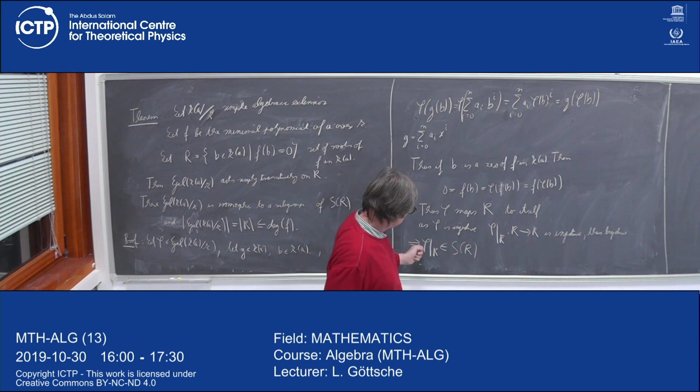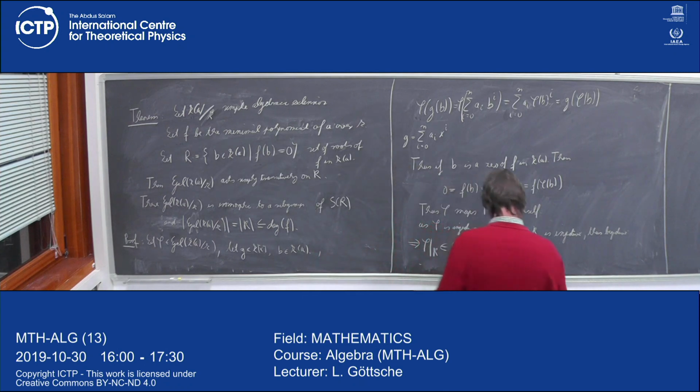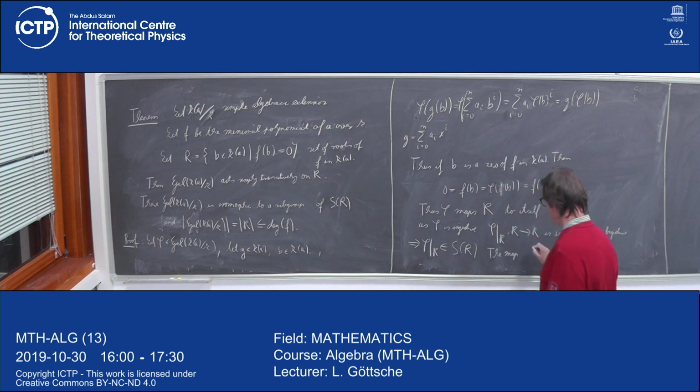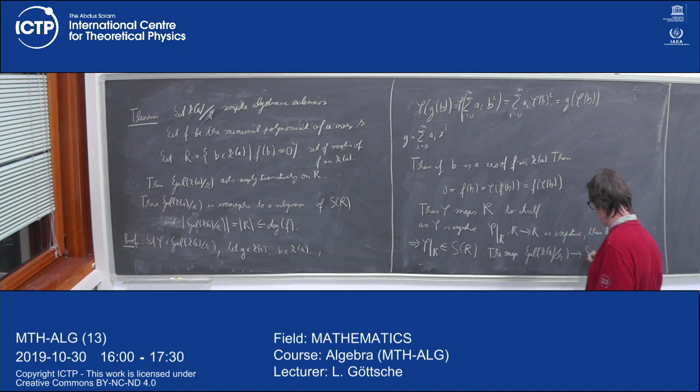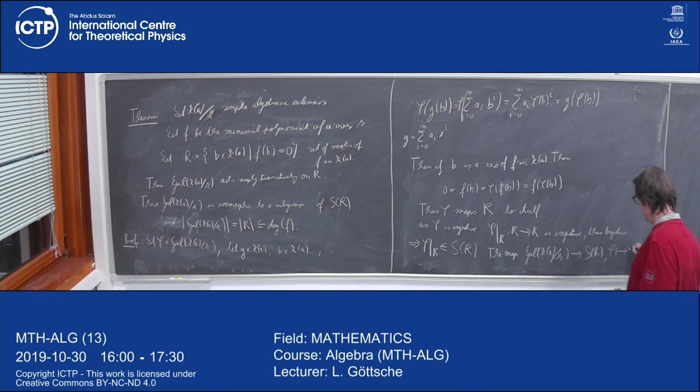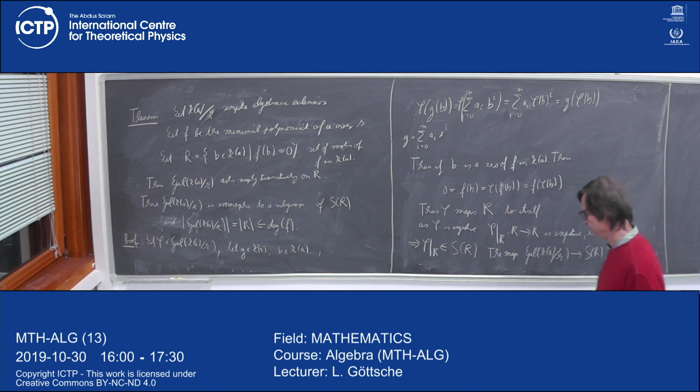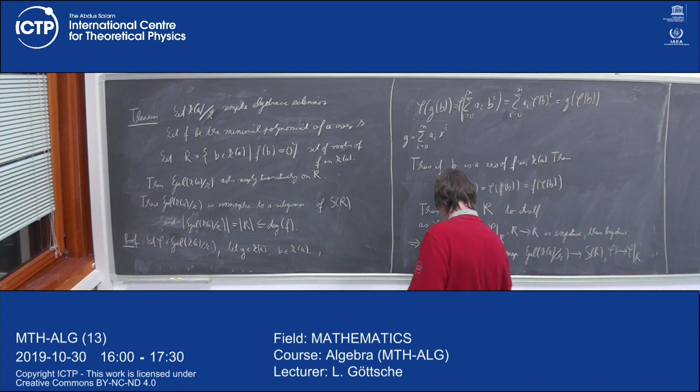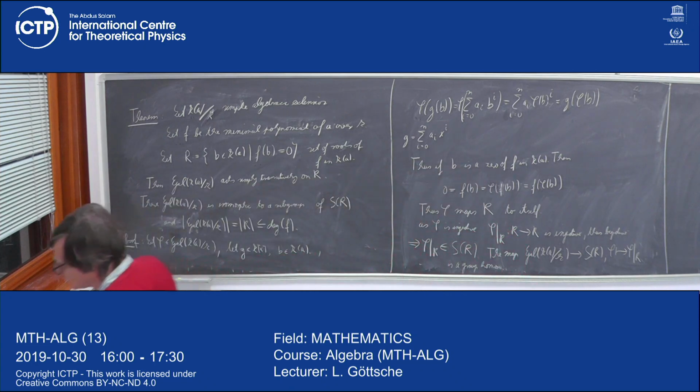So the map which sends phi to phi restricted to R, from the Galois group of K(a) over K to S(R), is a group homomorphism.